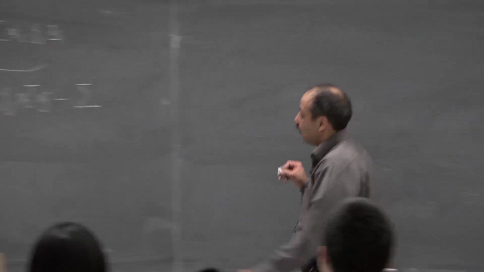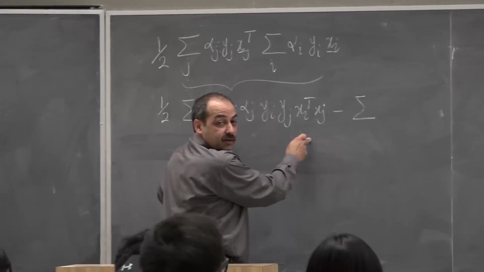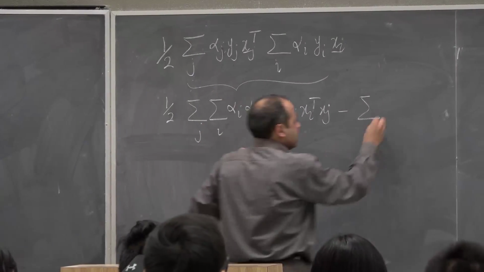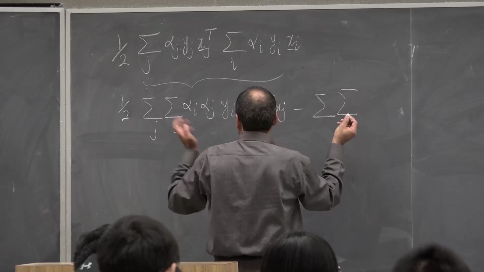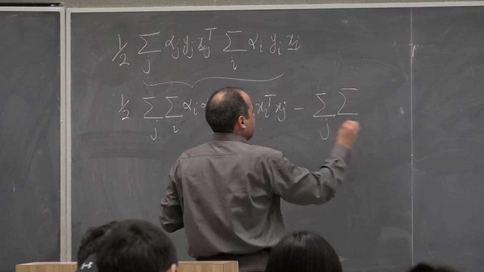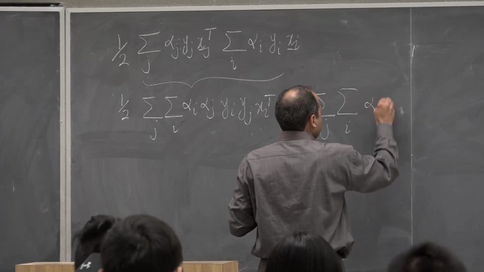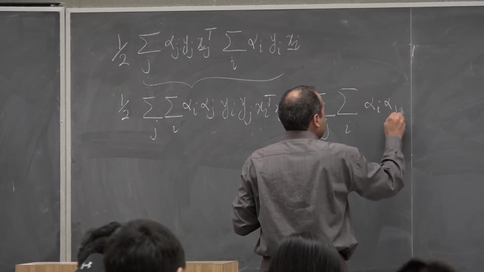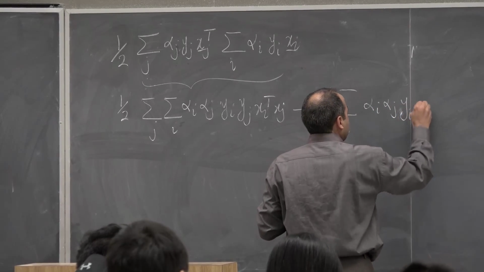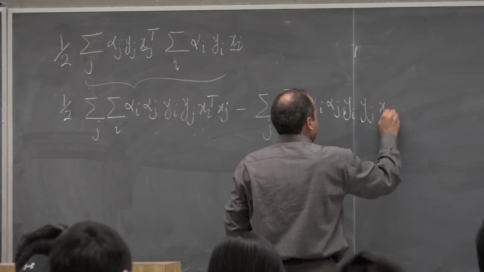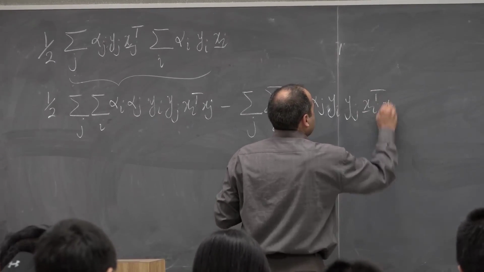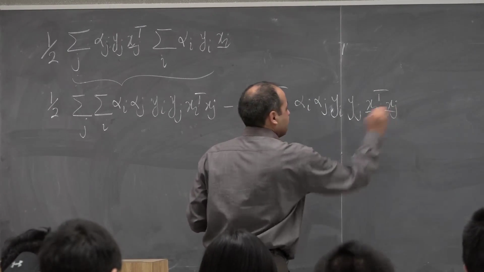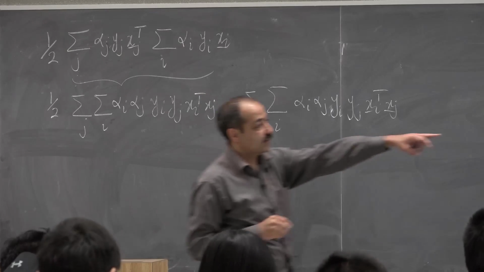So it has exactly this form, right? So it's the summation over i, j of alpha i, alpha j, yi, yj, xi transpose xj for the first term here.